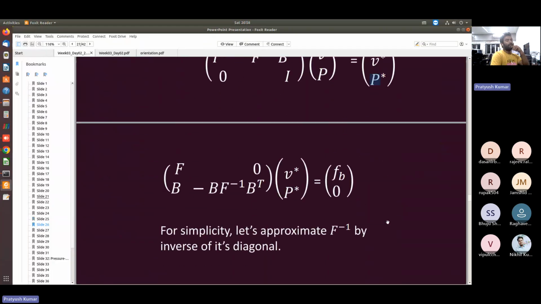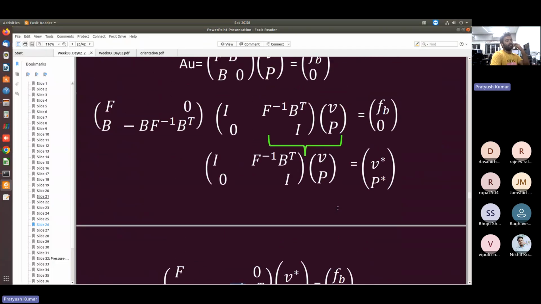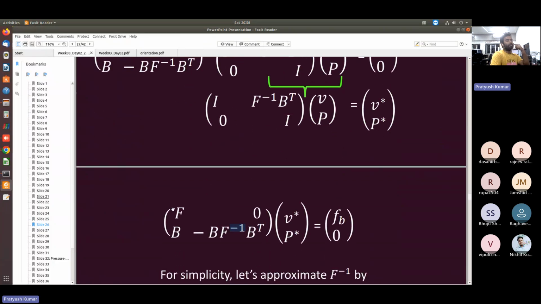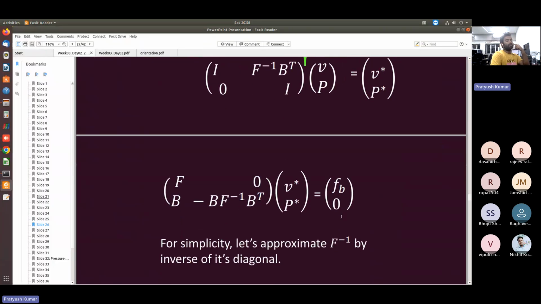Using this V star and P star, we then solve the complete equations, and for simplicity we take F inverse as the inverse of a diagonal matrix. So first we get V star and P star, then using them we solve the complete matrix using the body forces.